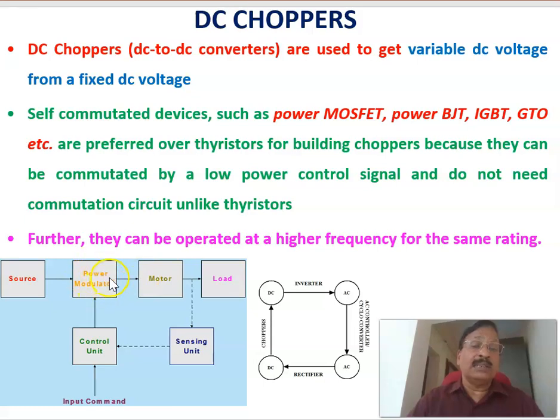Therefore, the power modulator is a DC to DC converter, or chopper, converting the fixed DC into a variable DC given to the DC motor, to which a mechanical load is coupled.